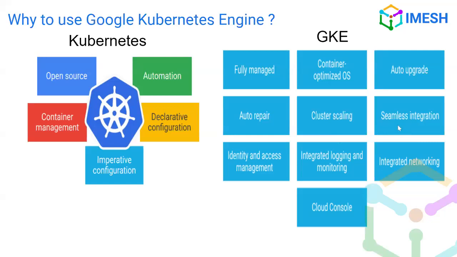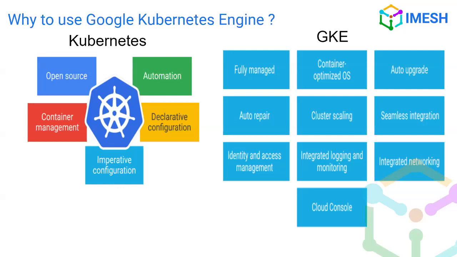Similarly, GKE has features for seamless integrations with other Google Cloud products such as Cloud Build and Container Registry. This allows us to automate the deployment using the private container images that the organization has securely stored in the container registry.